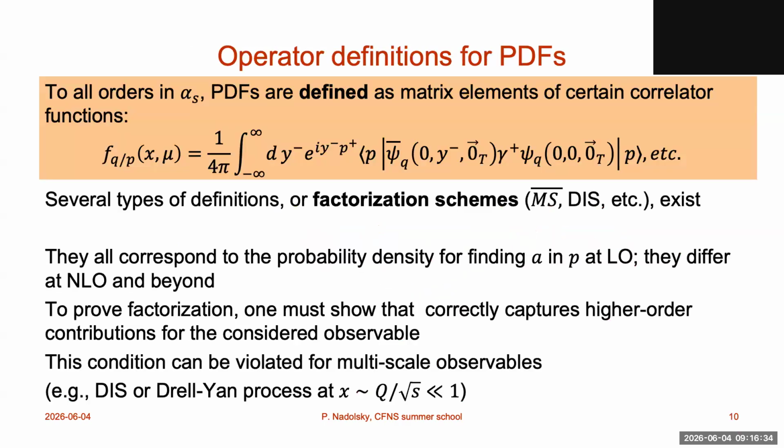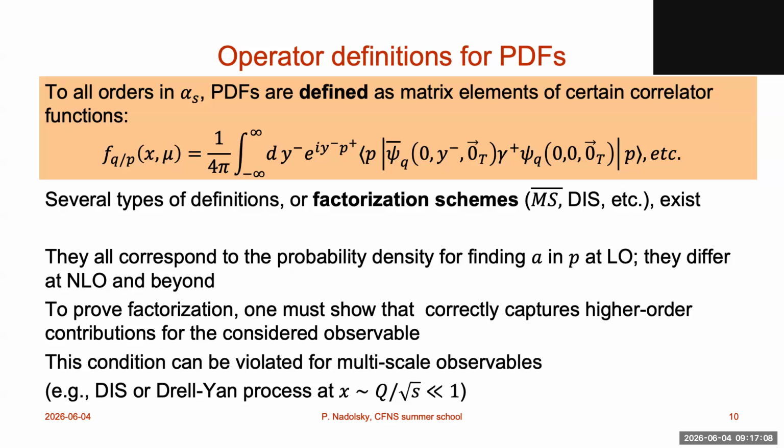Okay, and so the way this works, and again, probably you'll hear that, is that first of all, PDFs, parton distribution functions, we cannot compute them completely yet, right? But first, they have a definition. The parton distribution functions are defined for each type of parton and hadron. For example, here is a definition in the so-called MS-bar scheme for quark parton distributions inside the proton.